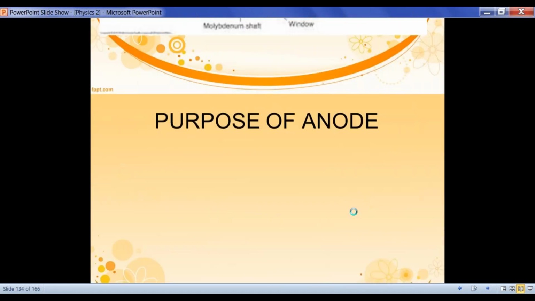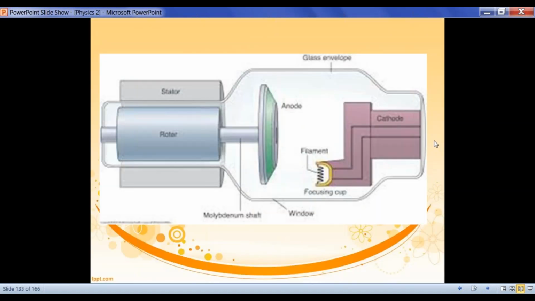So again, meron po tayong X-ray tube dito. So, sinasabi po natin kanina, yung electrons po ay manggagaling dito sa filament. So, after we press the exposure switch button, yung electrons po will be accelerated dito sa ating anode. Pupunta po siya sa ating target or sa focal spot.